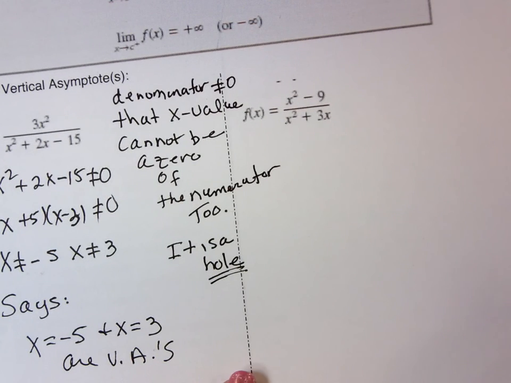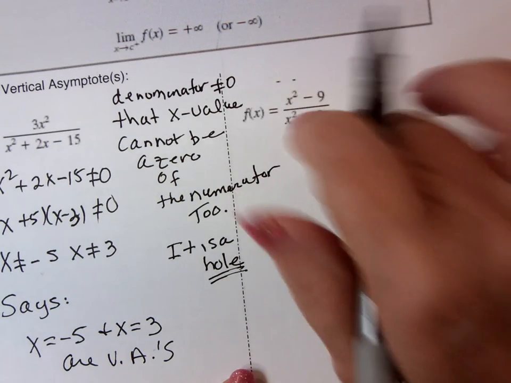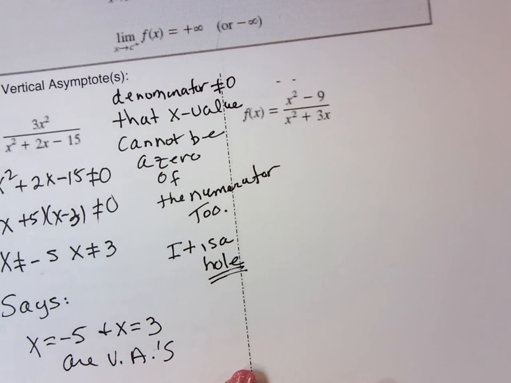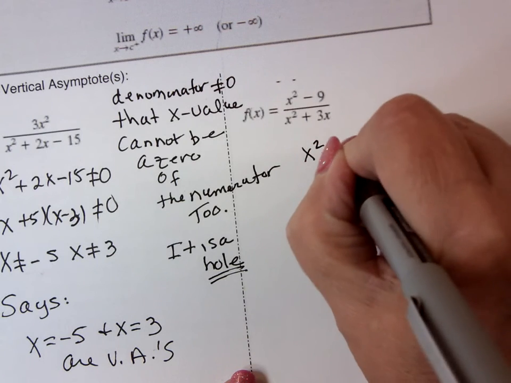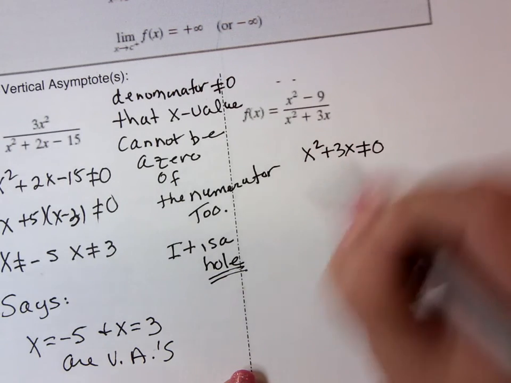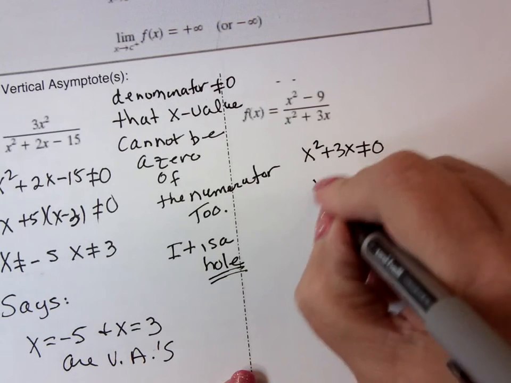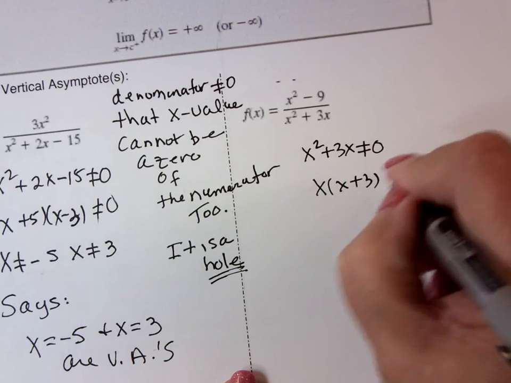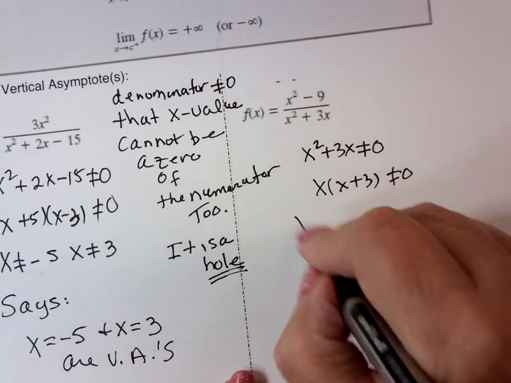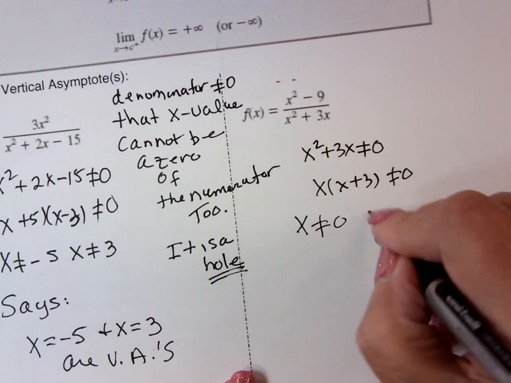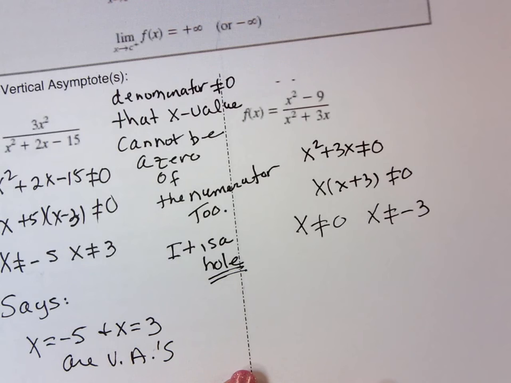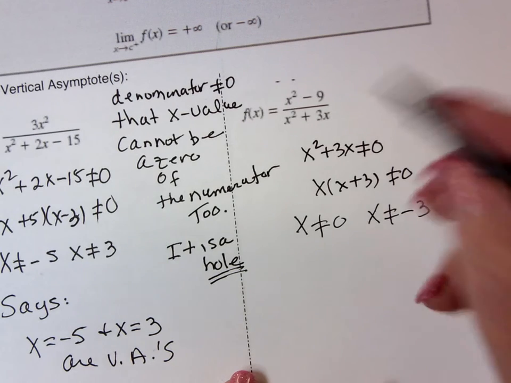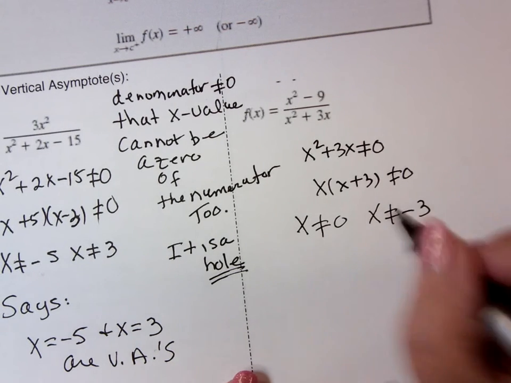Find the VAs. Well, I got a denominator, so there is a potential of having a VA. So I'm going to be looking where x squared plus 3x can't be 0, or x times x plus 3 can't be 0. x can't be 0, x can't be negative 3. Are they both VAs? No. Who's the VA? 0.